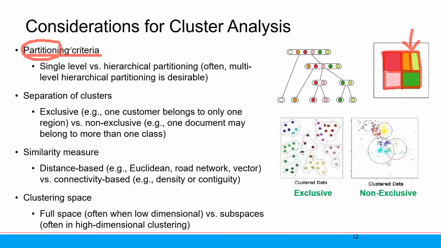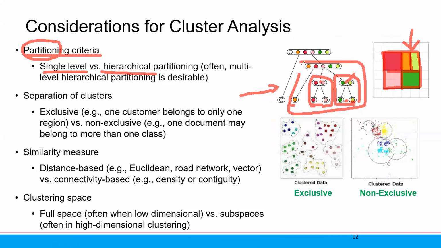We can partition the data into a single level, or we can partition hierarchically. So this is the hierarchy. This data and this data we can merge into one. This data and this data we can merge into one, and then this and this can be merged into this one, and so on. So we can make the hierarchy.